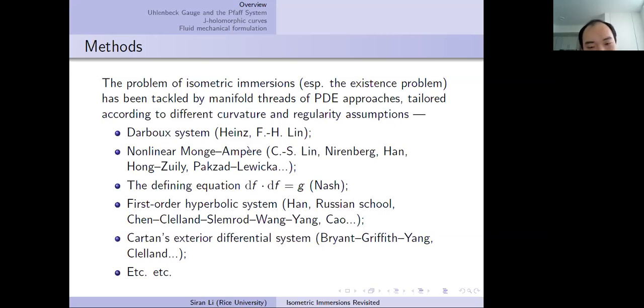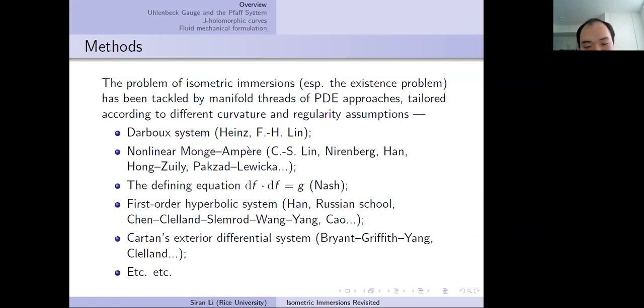And also in the case of negative Gauss curvature, we can formulate the problem as a first order hyperbolic system. Qing Han, Wentao Cao, and also Efimov, Tikhonov, the Russian school, studied it from this aspect.